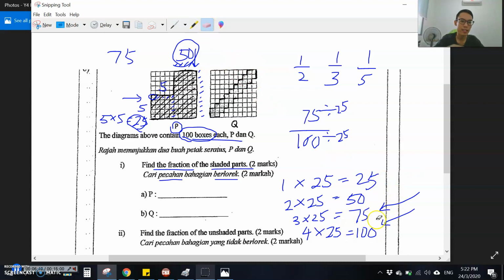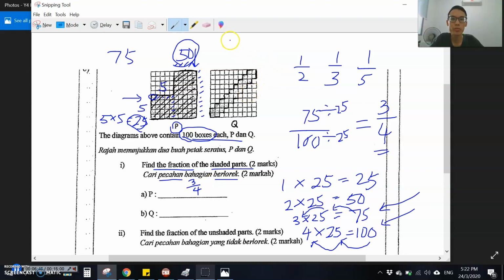Okay, 75 and 100, they are here. So 75 divide 25, we get 3. 100 divide 25, we get 4. And then 75 divide 25, you get 3. So the final answer is actually 3 over 4.